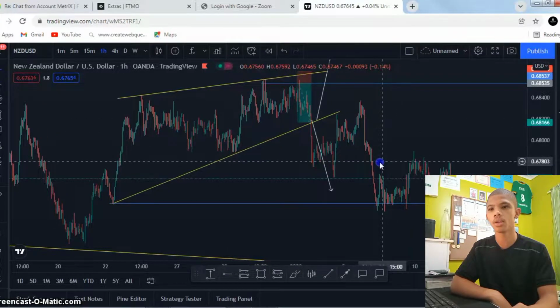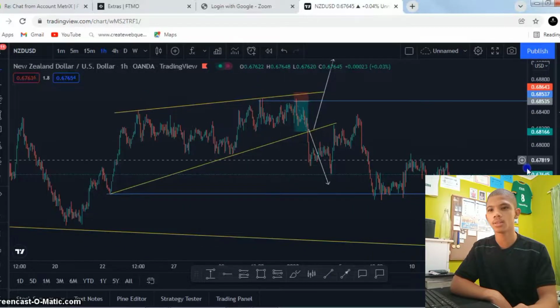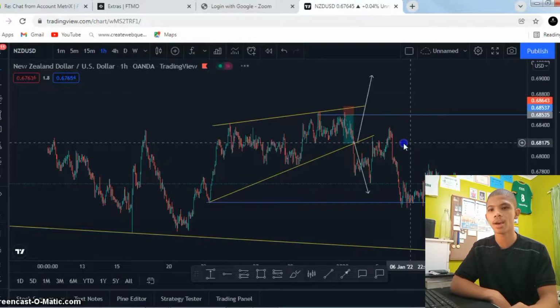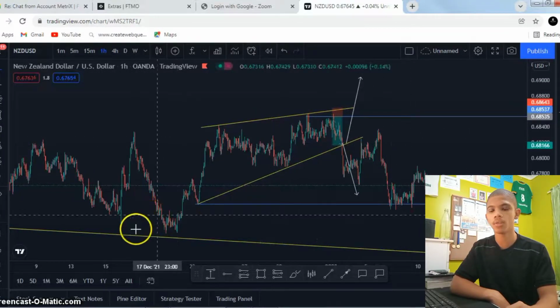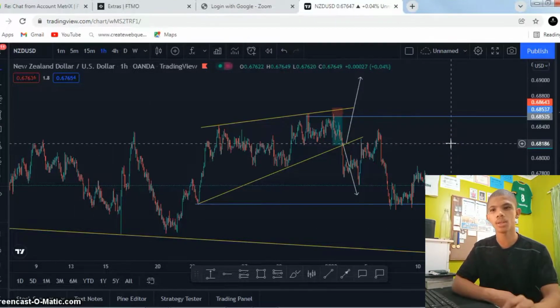Looking at this trade, you can see that it's a pretty straightforward trade. On the higher time frame, we have a touch over there, and I looked for the buy, for the market to push up.